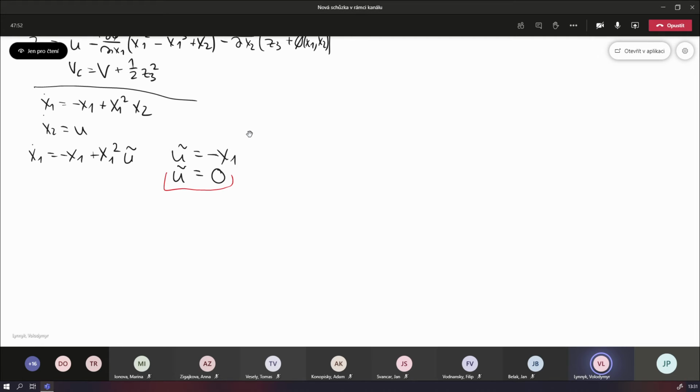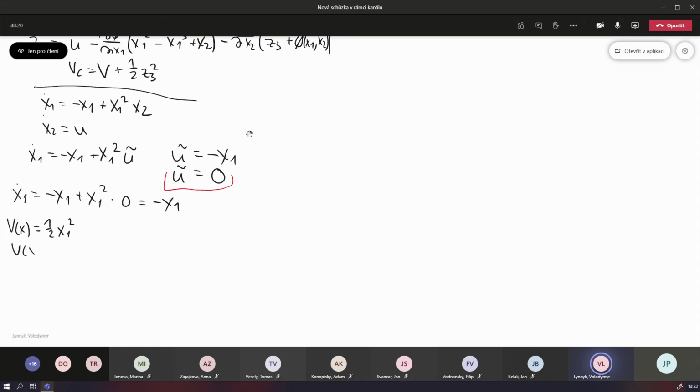And our process is the same. When we put it into the first row, x1 dot is equal to minus x1 plus x1 at 0, equal to minus x1. Okay, and we only check V of x equal to 1/2 x1 squared, to check if our solution is correct.